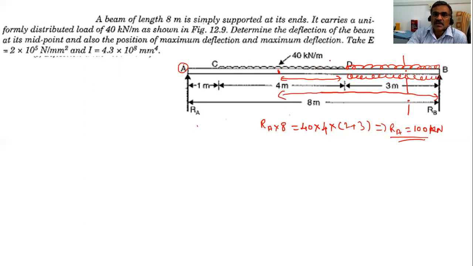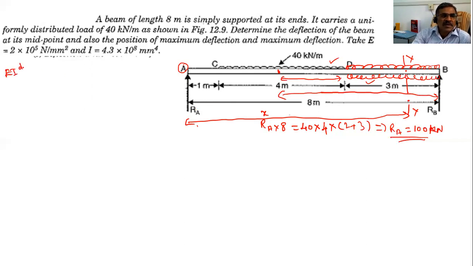So now we have here one load, here one load, 2 loads. Now this is the x axis, and you are taking this value. This is x. Then in the differential equation for deflection, you substitute the moment. What is the equation? The equation is EI into d square y by dx square.